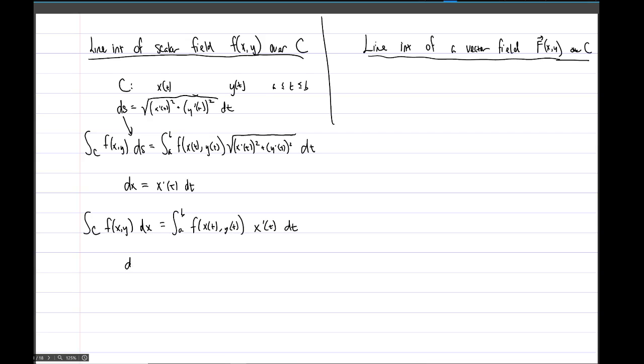And in the same way, dy should be y prime of t dt. So integral over the curve C of f of x comma y dy should be integral A to B f of x of t comma y of t y prime of t dt.